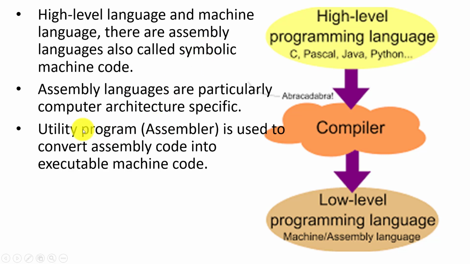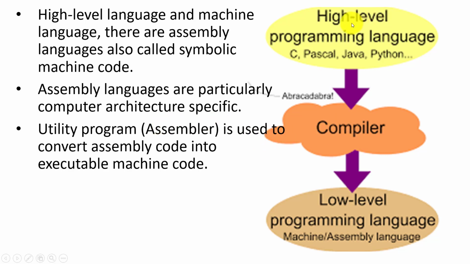There are also utility programs, called assemblers. An assembler is used to convert assembly code into executable machine code. We have to convert using utility programs, for example an assembler, or it may be a compiler also.